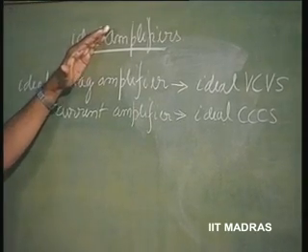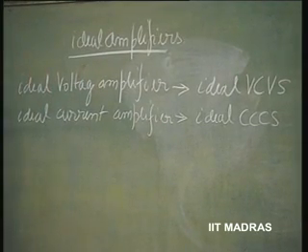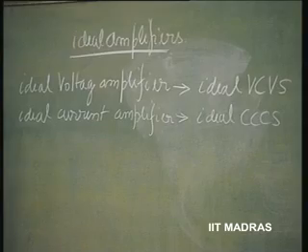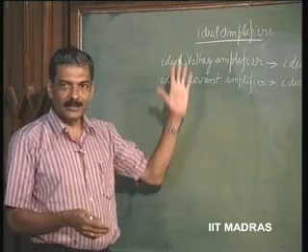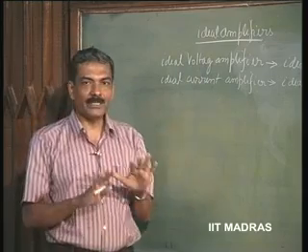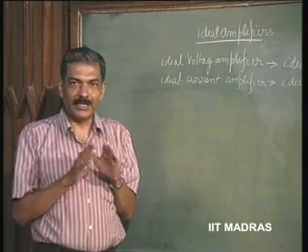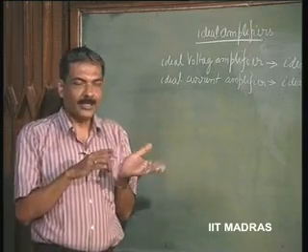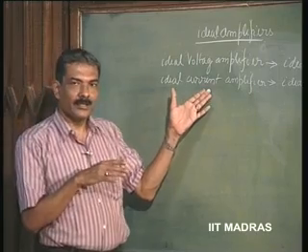Just as an ideal voltage source cannot be represented in terms of an ideal current source, these voltage amplifiers and current amplifiers are unique by themselves. They cannot be represented by the other method.